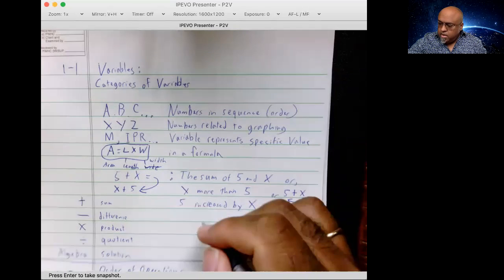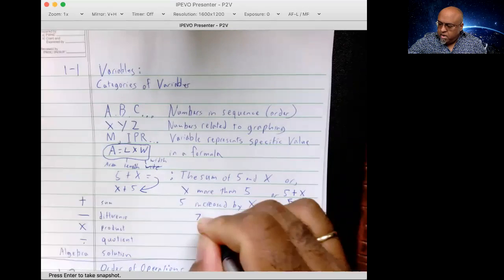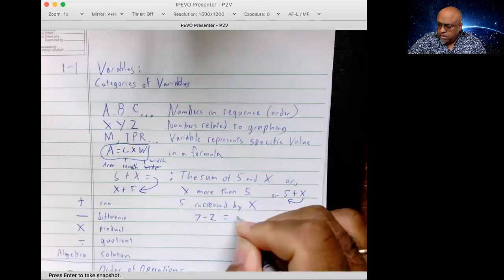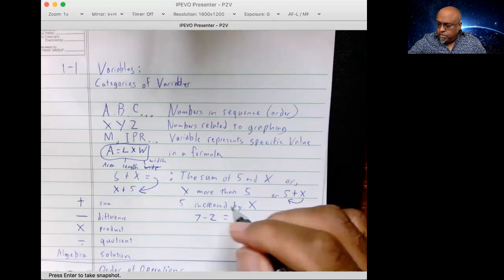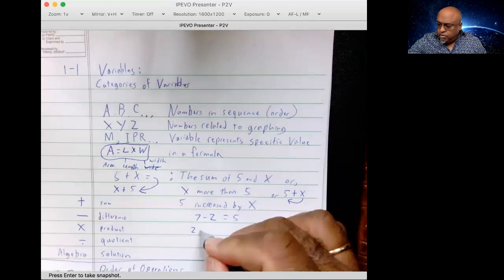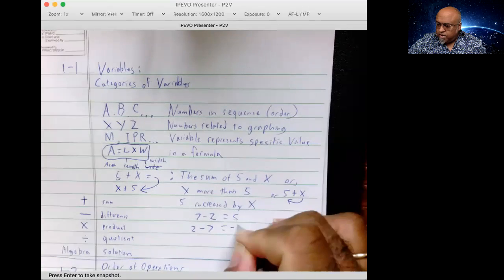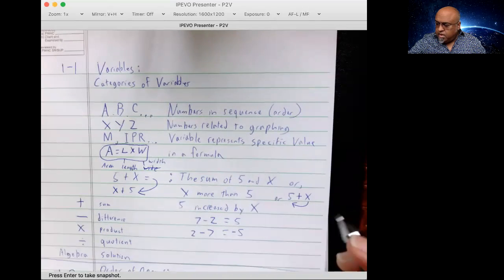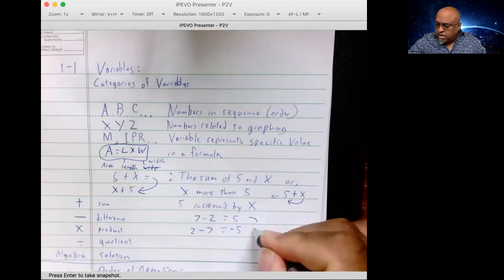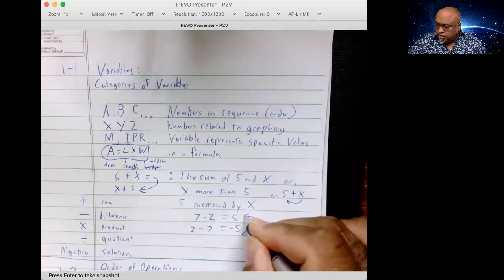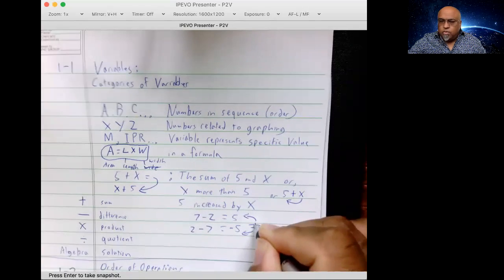Let me give you an example. 7 minus 2 is equal to 5. But if I say 2 minus 7, that's equal to negative 5. So these two expressions are not equal to each other.